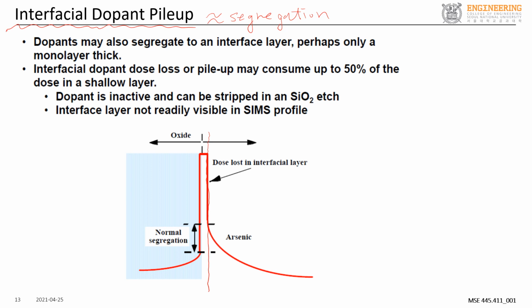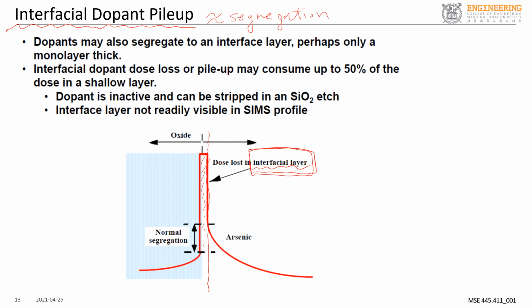You will have some interfacial layer which mixes oxide and silicon. This layer will have different properties when it comes to the dopant concentrations. So what we are saying here is this interfacial layer happens to consume a lot of dopants like this.